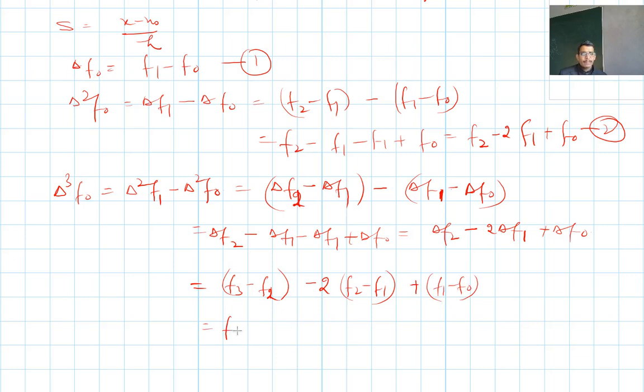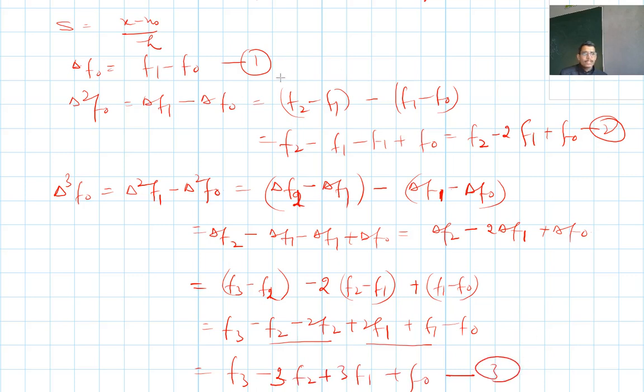Let me simplify it. It is f3 minus f2 minus 2f2 plus 2f1 plus f1 minus f naught. So this will become 3f2, and it can be written as f3 minus 3f2 plus 3f1 minus f naught. So these are the three things which we have to keep in mind.